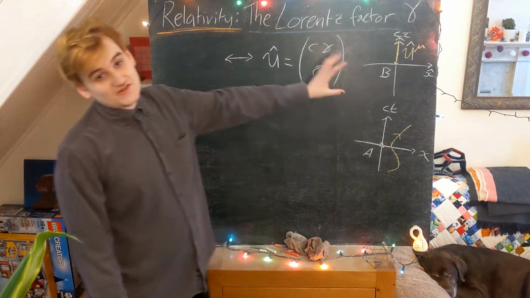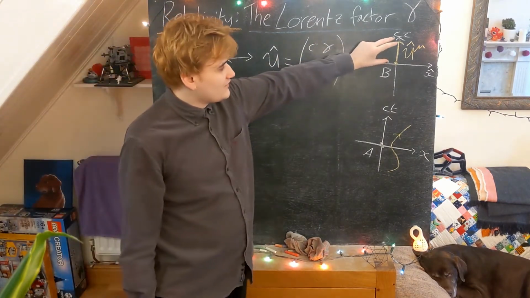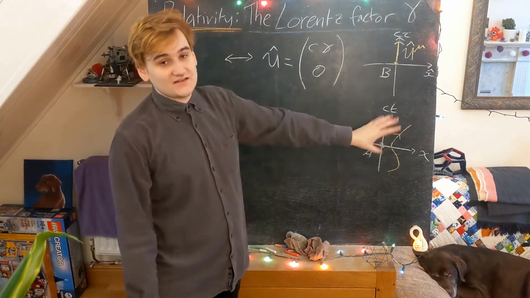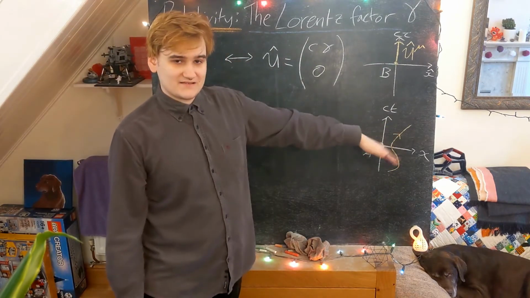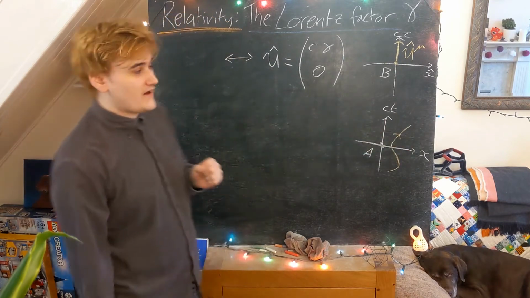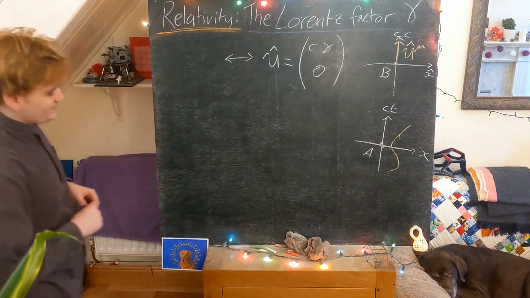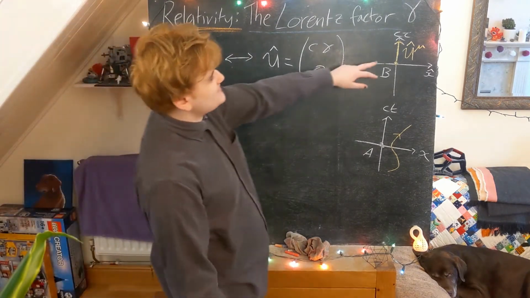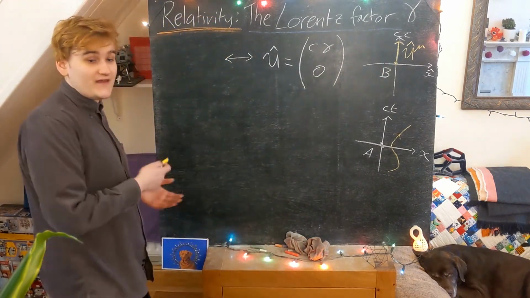I've started to introduce you to the idea of how the length of this four-velocity is going to be distributed between a time and space component in this new reference frame, because we have the fundamental realization now that the length of this four-velocity vector is always fixed.